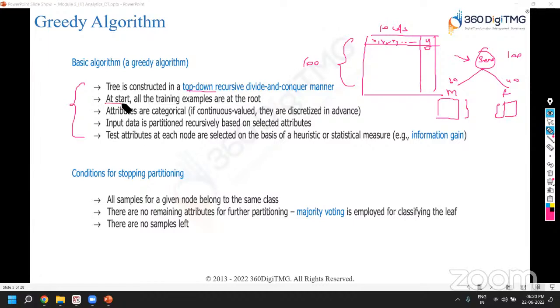So to start with, all the training examples are considered at the root, and then we will keep splitting the data into branches and grow the tree. Now, what if I have a branch which is like, let's say, salary? Salary is one of the columns, right? What if this comes into the picture here?